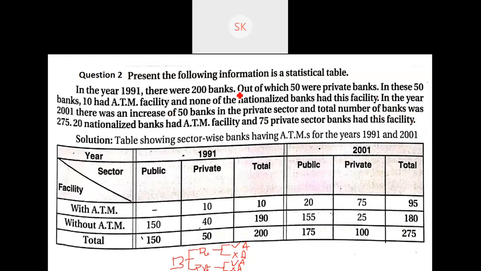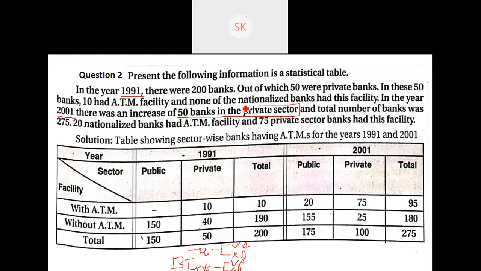Now in the year 2001, okay, so we have another year. First year was 1991, the other year was 2001. There was an increase of 50 banks in the private sector and total number of banks was 275. This is where you will get confused most of the time, so read the question.